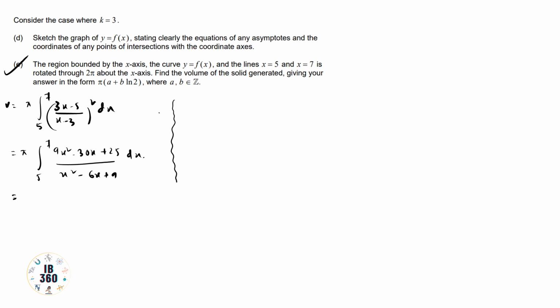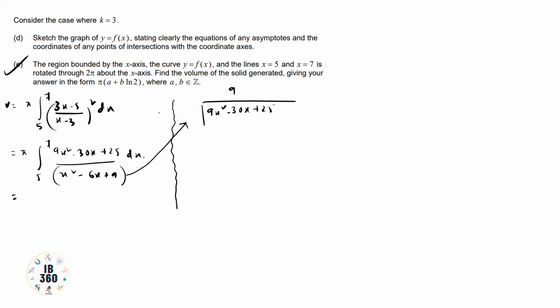Okay, I am doing it in this portion. So 9x square minus 30x plus 25, just divide this with this term. Here space is a little bit low, but you need to see that I am dividing this equation with this. Just get the value, here it will be 9.